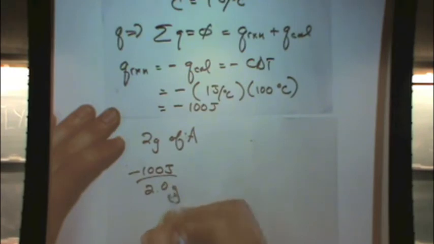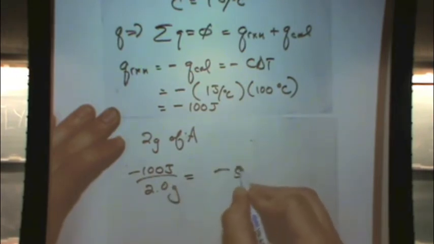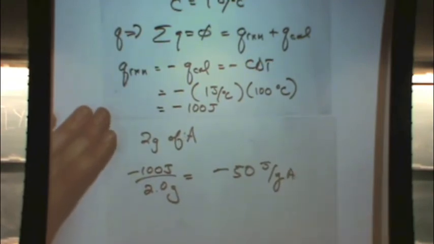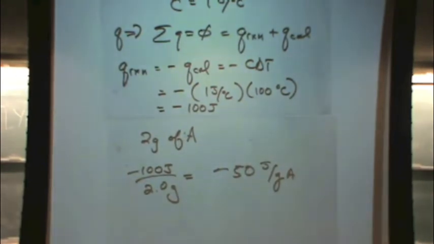You just divide by 2 grams, and so you get negative 50 joules per gram of A. So it's pretty typical on a bomb calorimeter, but not always, that they give you an amount, and you divide by that amount to get your final energy.